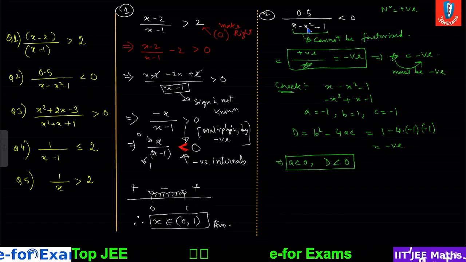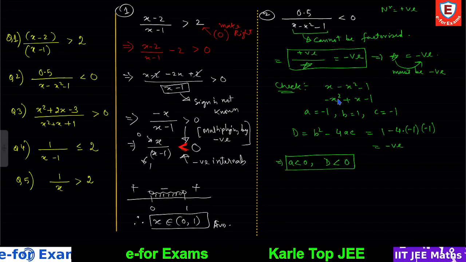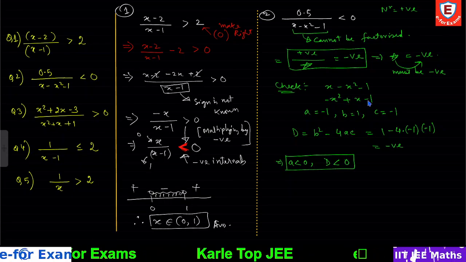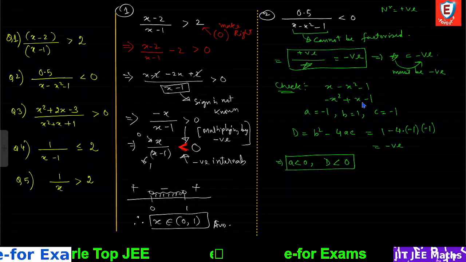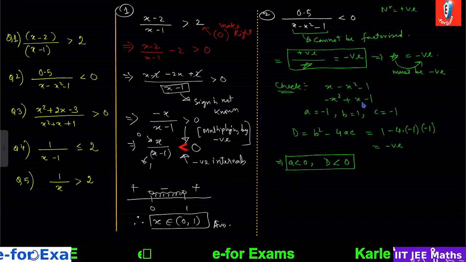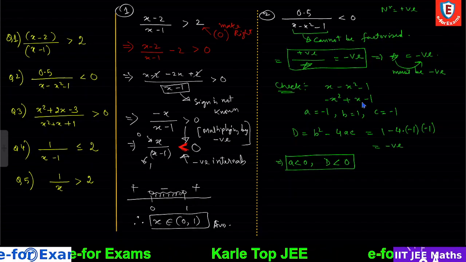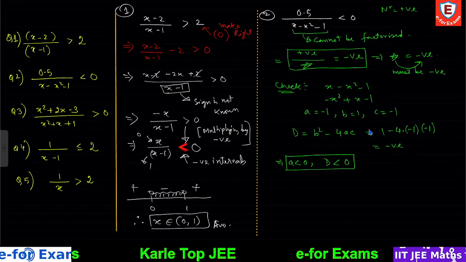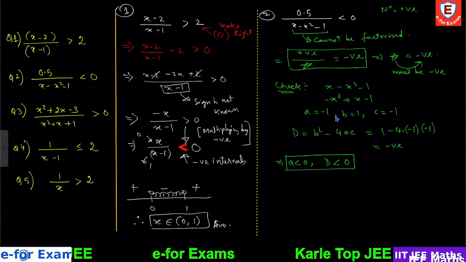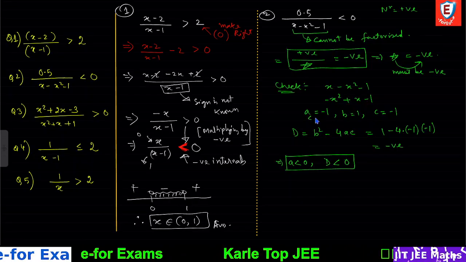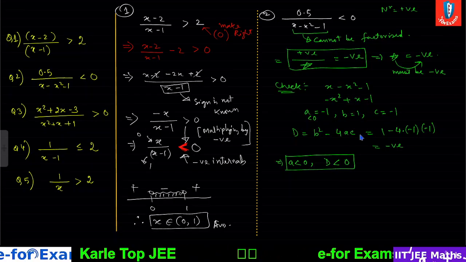The given quadratic function is x minus x square minus 1. So we can rewrite it as minus x square plus x minus 1. Okay, so a is negative here, minus 1. So a is less than 0. b is 1. c is minus 1.